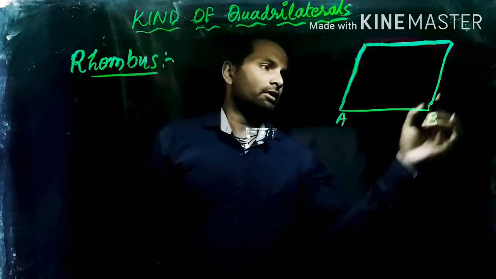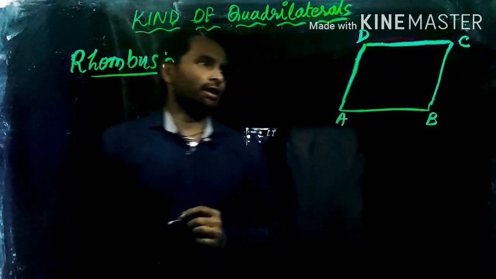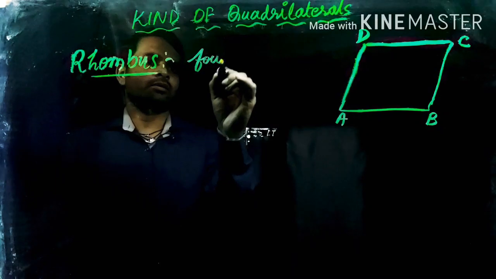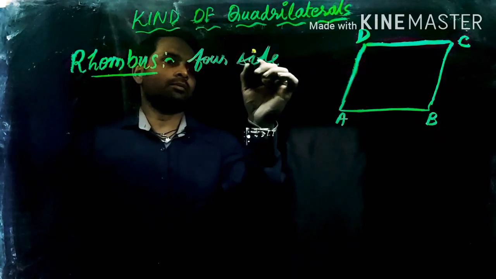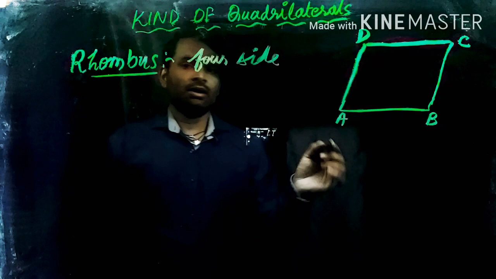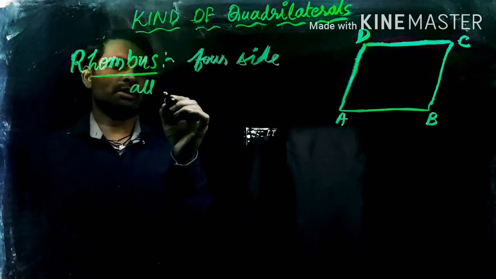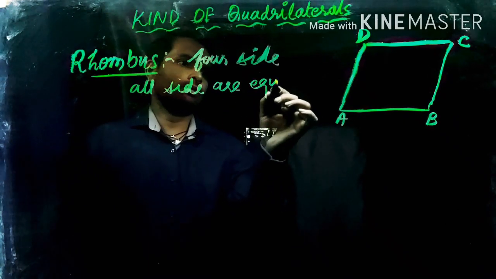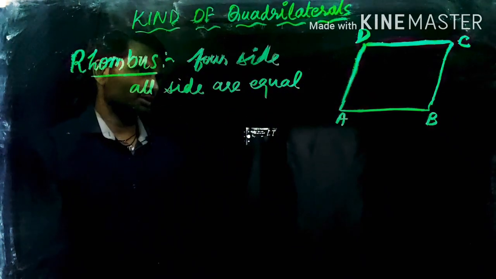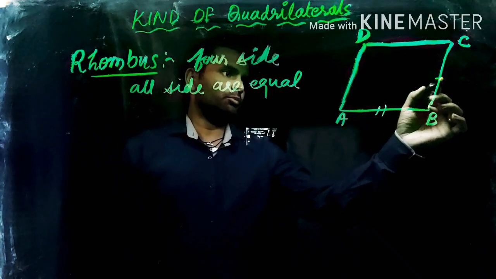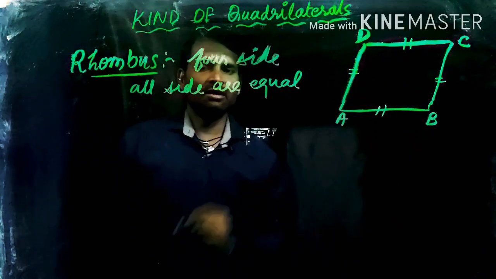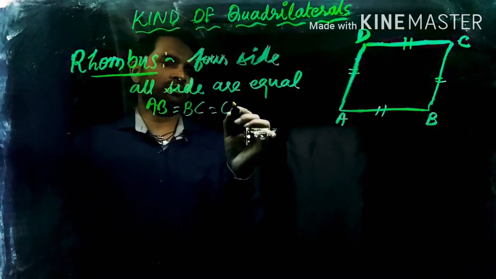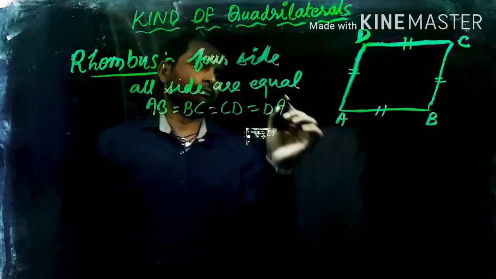That is the diagram of rhombus ABCD. It is a four-sided quadrilateral and all sides are equal. It means that AB is equal to BC, equal to CD, and equal to DA. You write AB equal to BC equal to CD equal to DA.